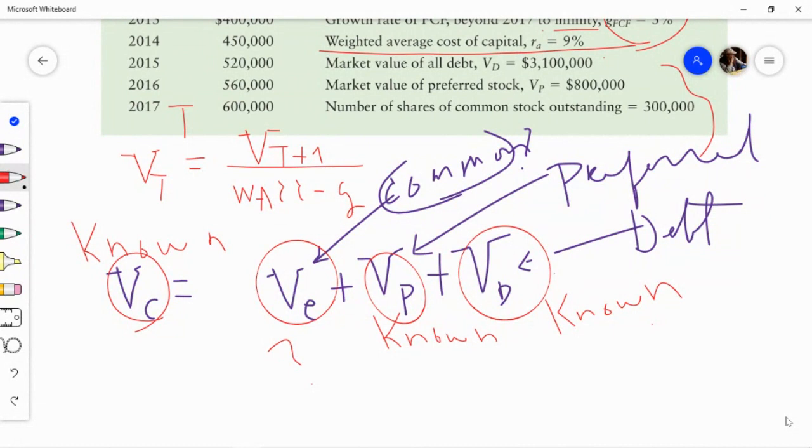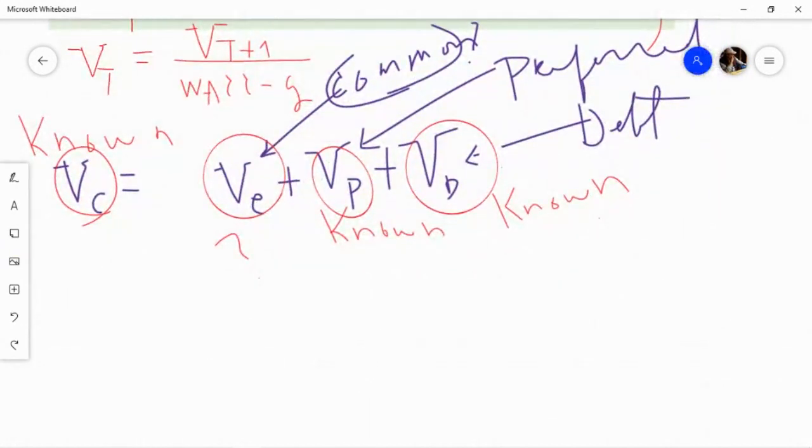Since stock price is what we want to know, and stock price means per share value, always, we can now find the value of the common stock.